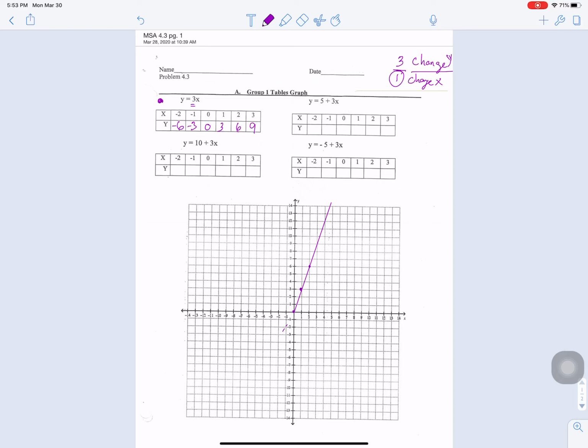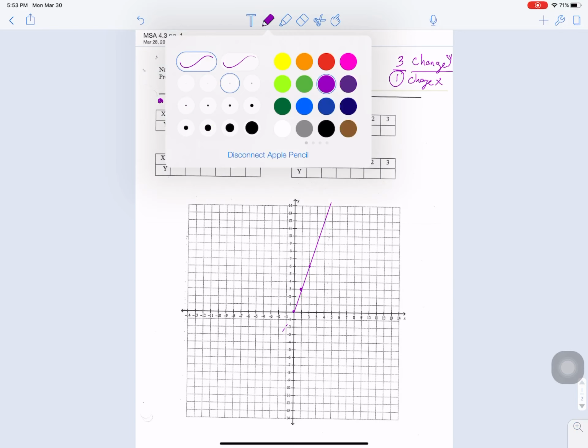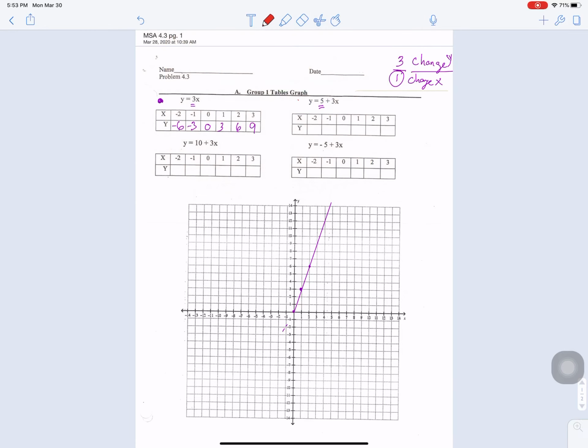Okay. All right, so in the next case, we know that, again, our slope is going to be 3, but now, notice, you have this first number, which is the y-intercept. So I'm going to change colors here. Let's make this one red. And so we know we have the same slope, but it's not going to start at 0.